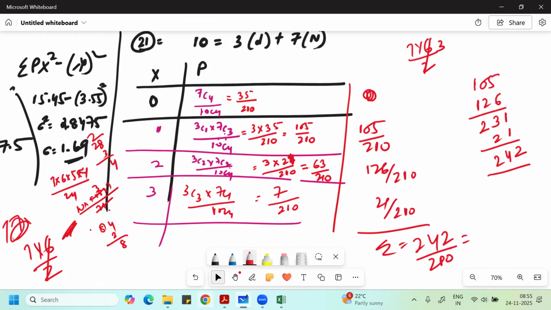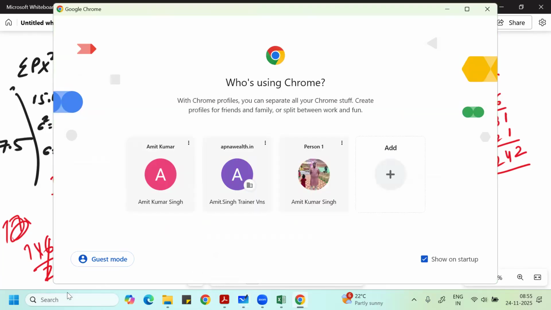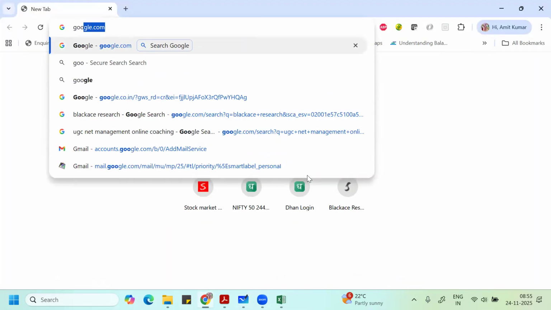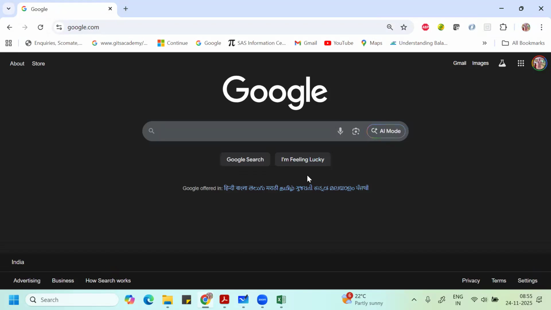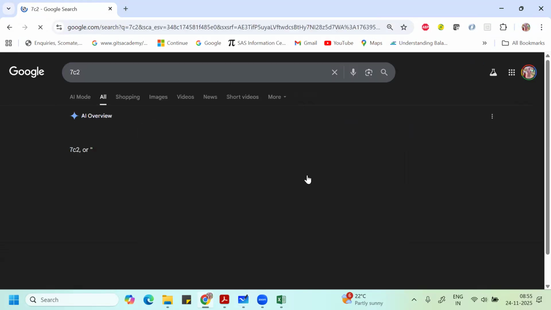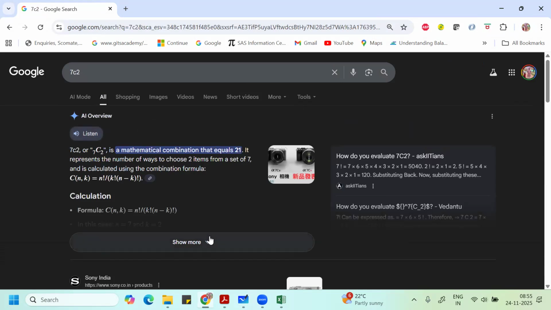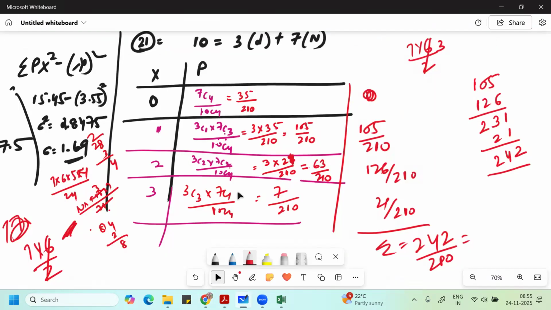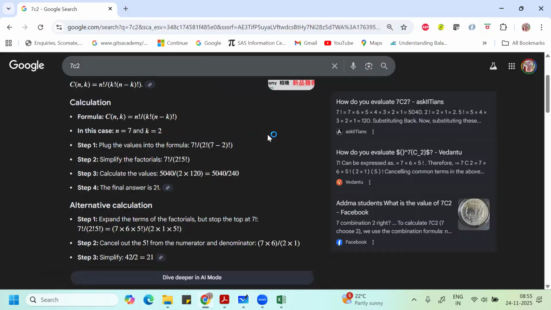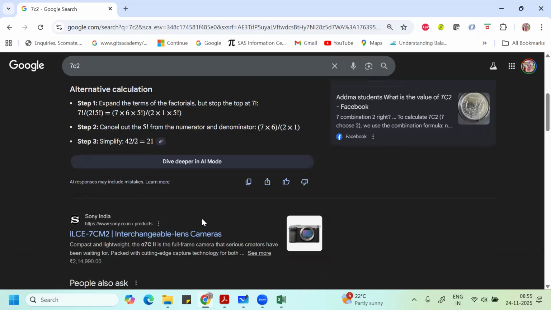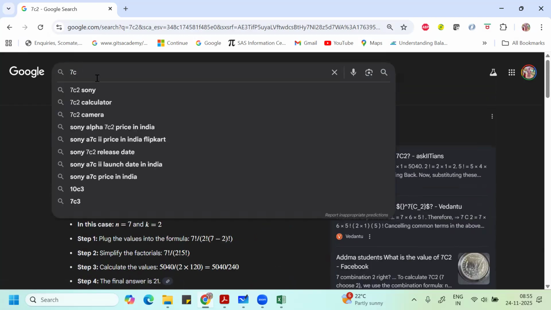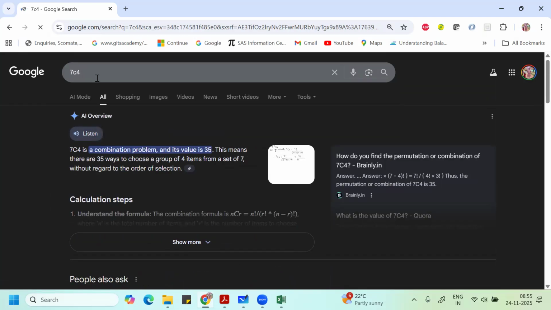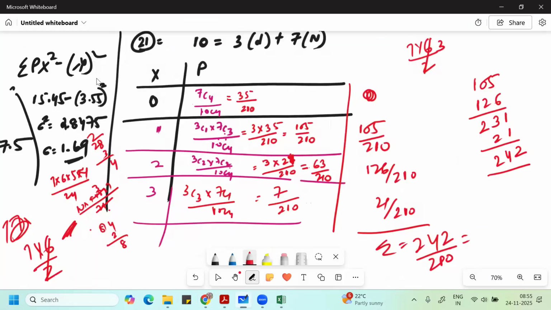If I calculate this, what is 7C2? 7C2 is 21. 7C4 is 35.